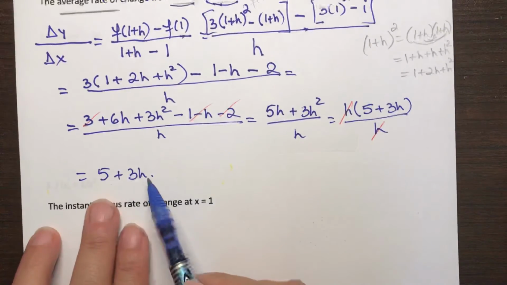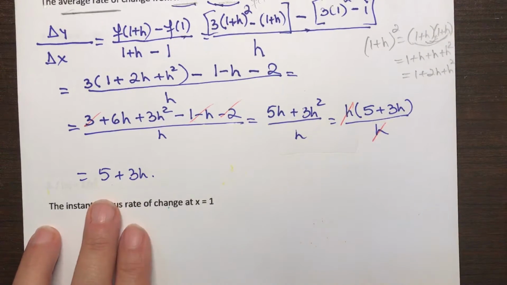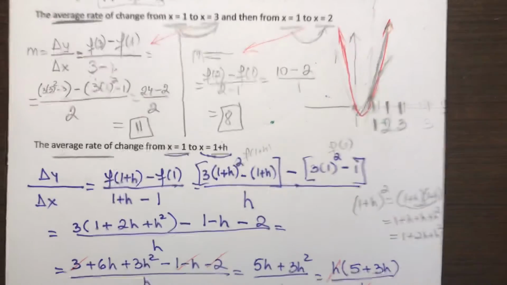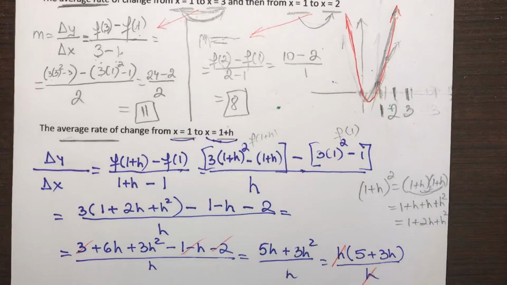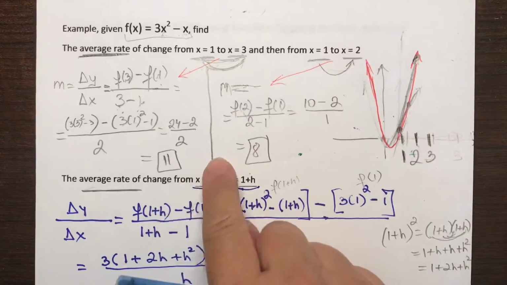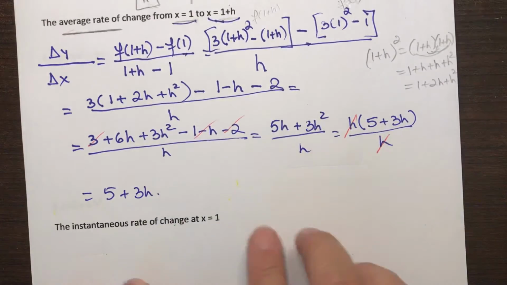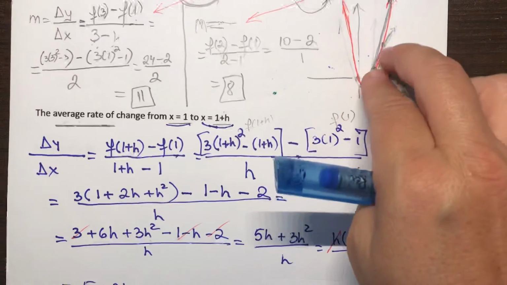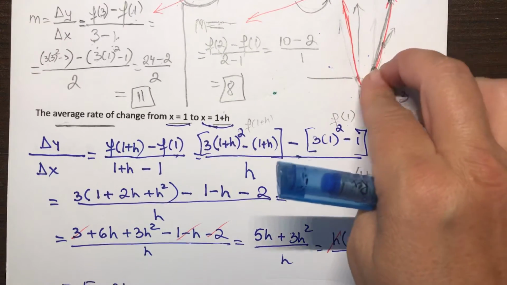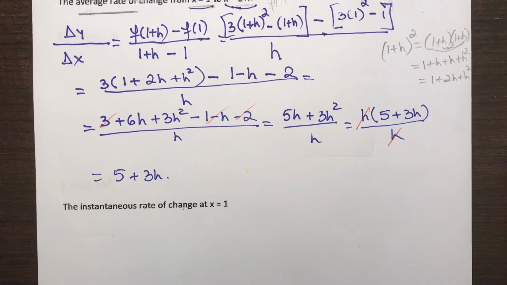If I were to plug in a 1 in here for h, I'm getting 5 plus 3, that's an 8, right? As you see, that's the value we got. So that's what I'm saying. We don't have to pick specific values. We could pick any random h, and that way, by just plugging in values for h, right? Oh, I went 2 units away. I went 1 unit away. I went 0.1 unit away. We can immediately find those slopes.